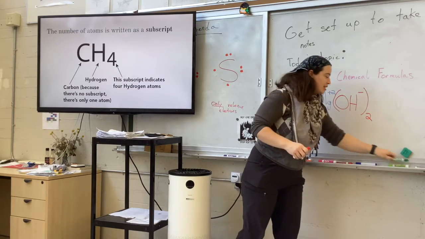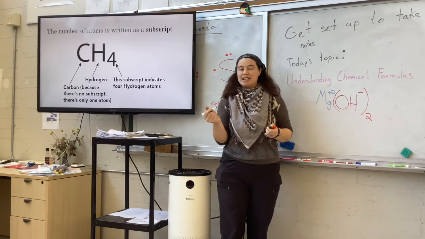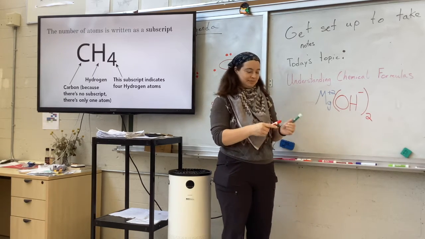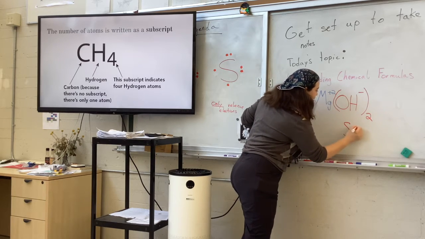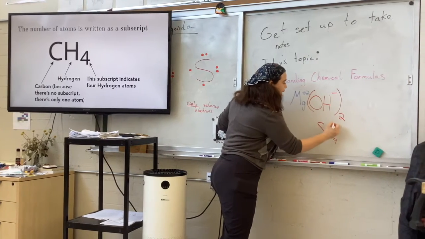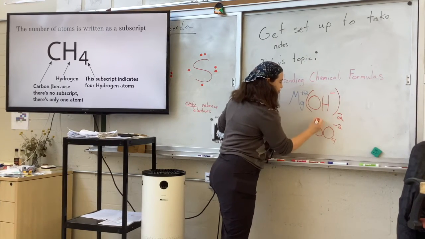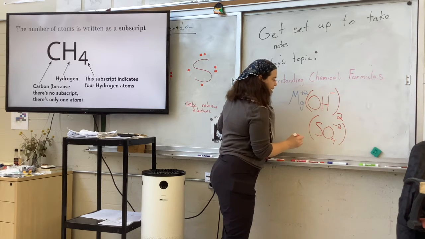All right. Let's do, here, our anion is going to be sulfate, which is an anion made out of a single sulfur and 4 oxygens. And this whole anion has a charge of -2. I'm going to stick it in parentheses.